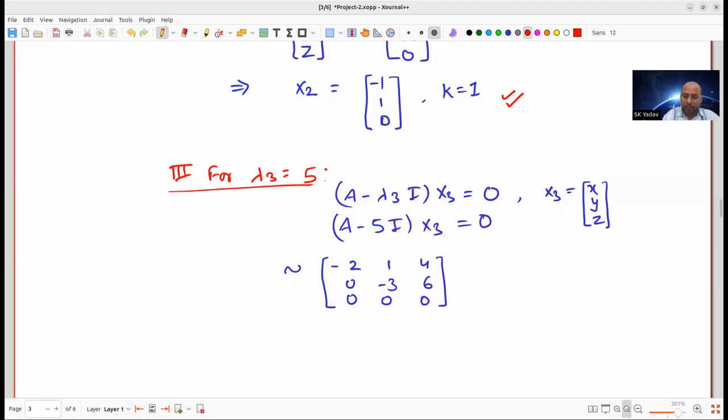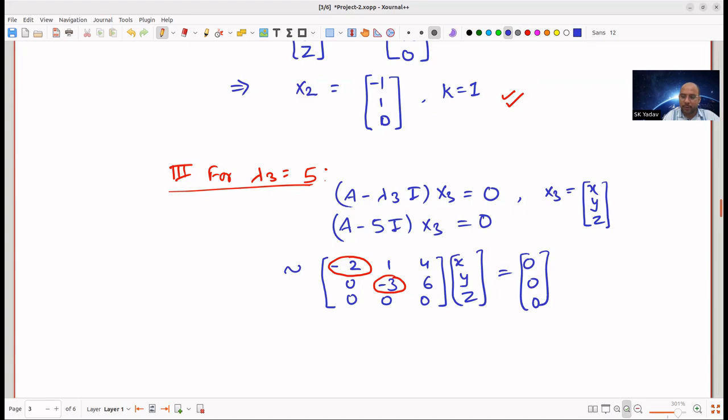So again, now I have to seek the pivots or leading elements. In the first row I have this minus 2 as the leading element. In the second row, minus 3 as the leading element. And this is already in row echelon form as the third row is 0 and the leading element in any row is to the right of the leading element in the previous row. So I can write now the vector x, y, z and the right side 0, 0, 0.